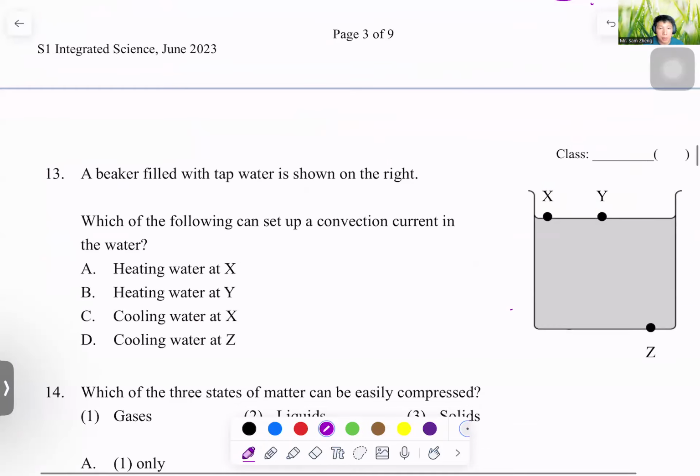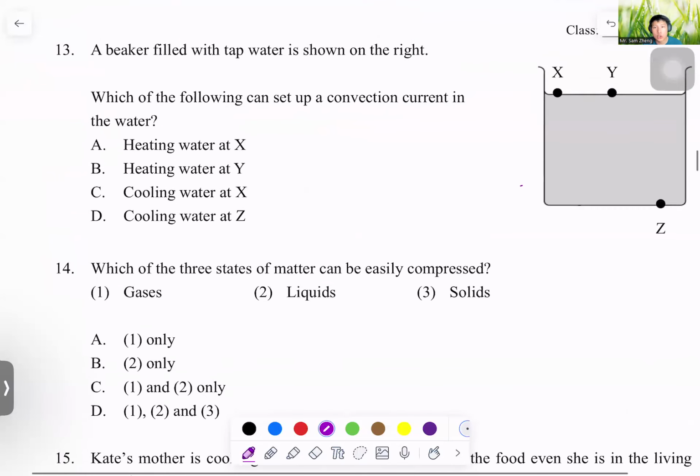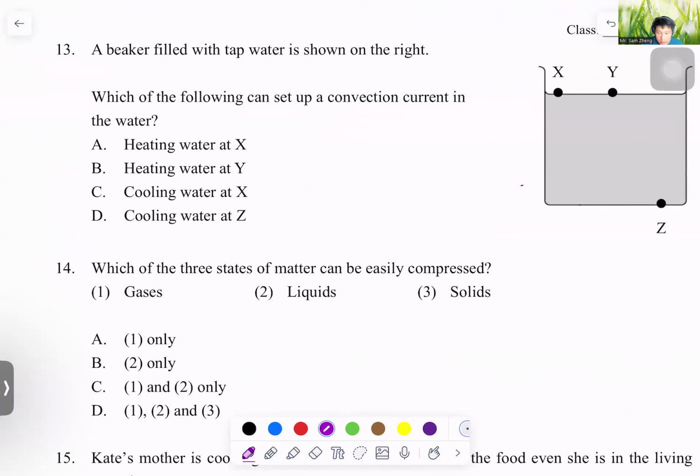Next, the beaker filled with tap water is shown on the right. If you still remember the true or false question in section A, you will notice that the heated water will be located on the upper part, while the cold water will be located in the lower part.